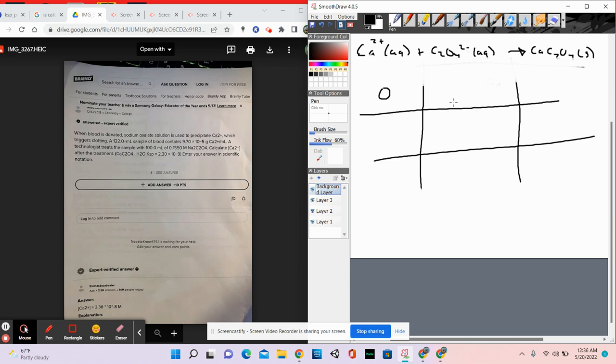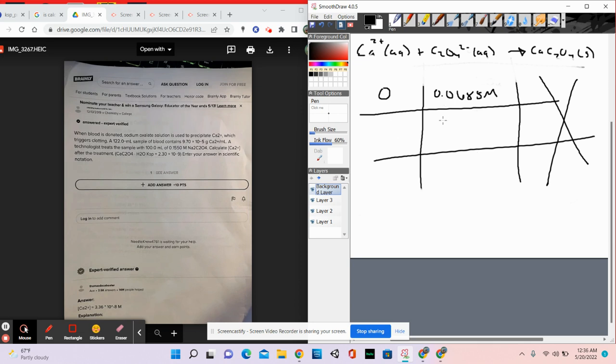Now we have floating around the excess that was unreacted oxalate. We have 0.0685 molar, and we can ignore the calcium oxalate because it is a solid.